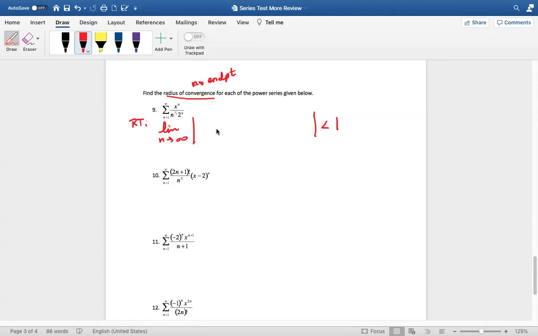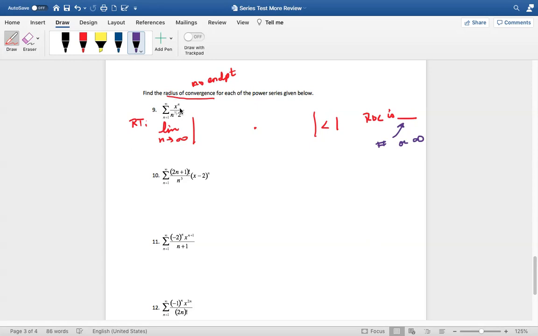And then do your n plus 1s times the reciprocal of just the n's, and then show me some math, and then give me the radius of convergence is blank, and in that blank, you're either going to put a number or you're going to put infinity, right? You love when the radius of convergence is infinite. You hate when the radius of convergence is the number 0. You're okay with the fact when the radius of convergence is 5 or 6.